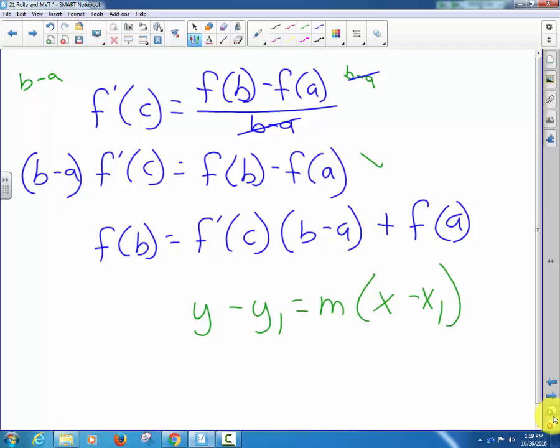So y'all see the resemblance between them now? y minus y1 equals m times x minus x1. So do you see that the point slope formula is kind of like the result of the mean value theorem there? Okay, just trying to loosely tie some things together. They're going to get tighter over the next few weeks, okay?